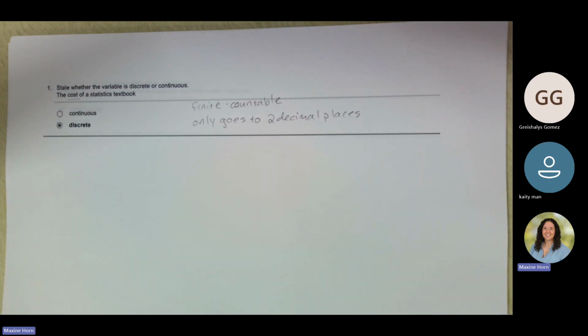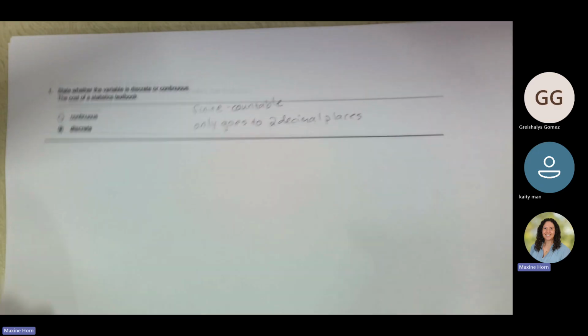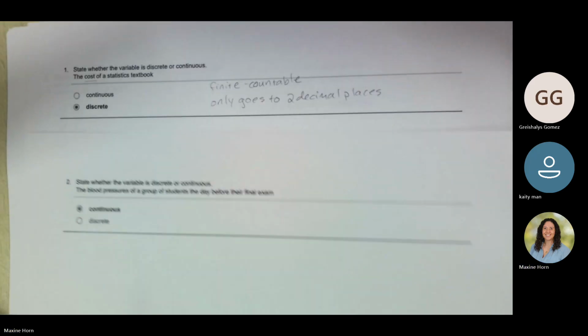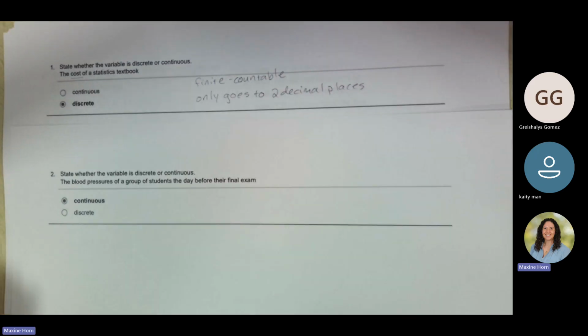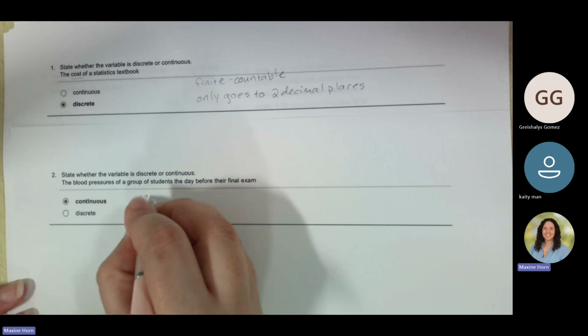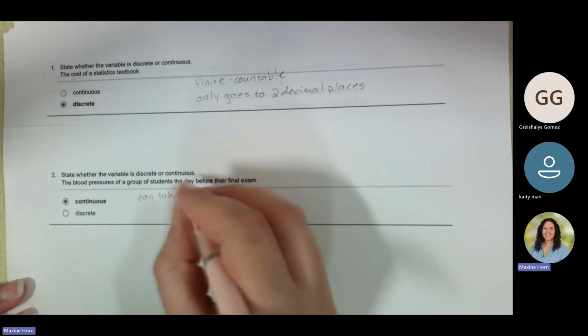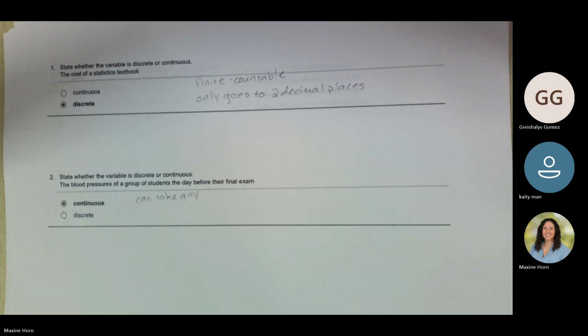Whereas if I have, and I'm actually going to show both of these at the same time here, this other one, the blood pressure of a group of students the day before their exam, that would be continuous because by definition, it can take on any value within a given range.